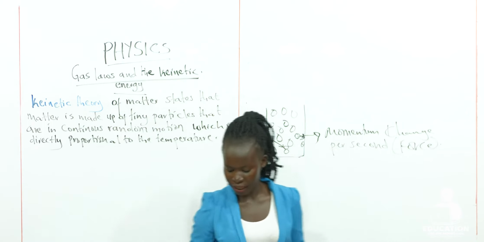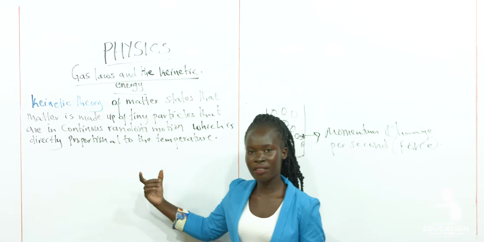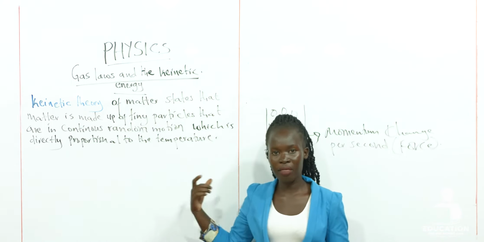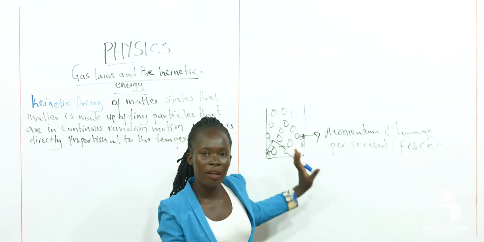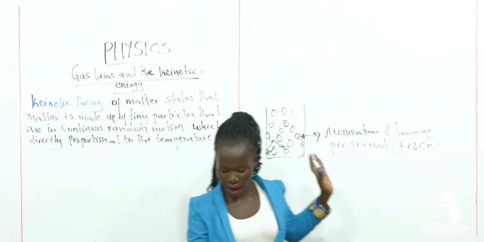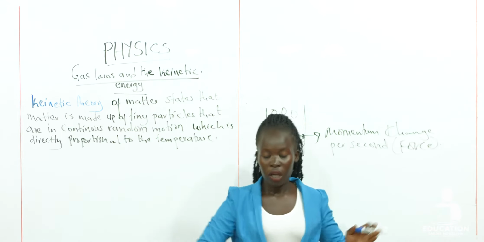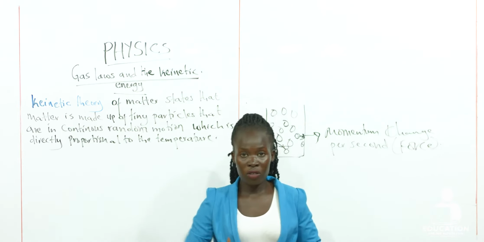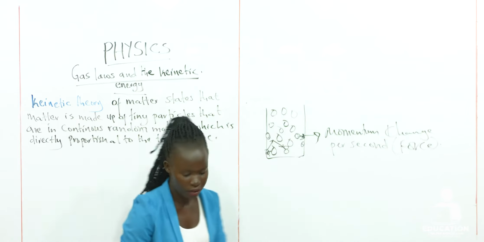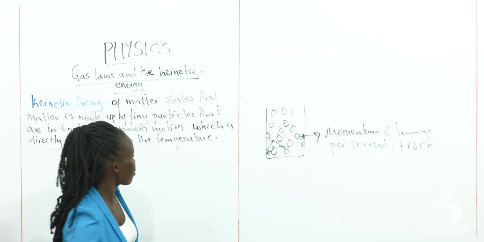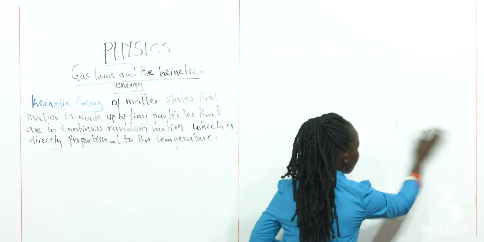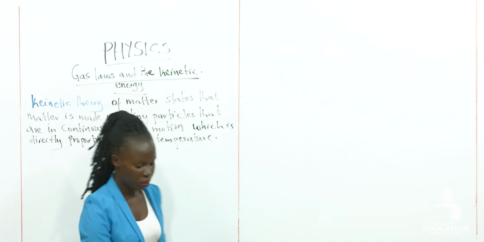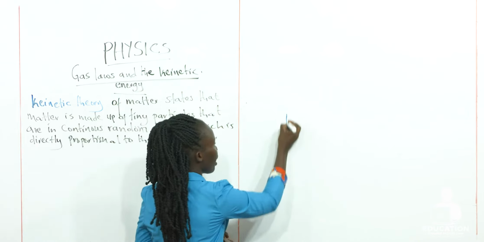So if we have it like that, how does the pressure in the liquid or the gases arise? To know the causes of the pressure in the gas, let's take a look at this. We have our container.